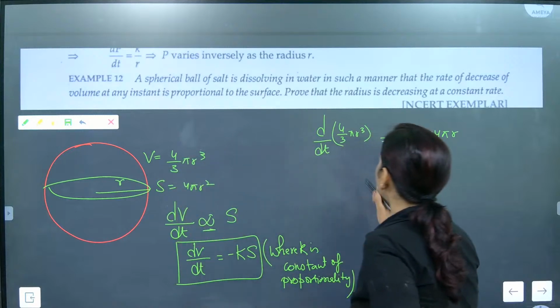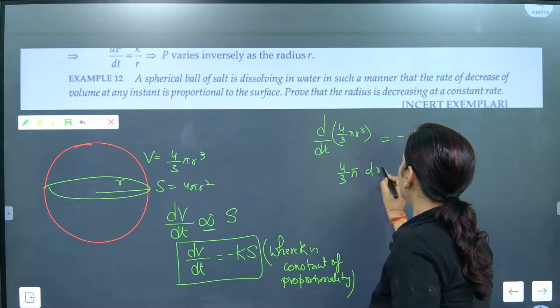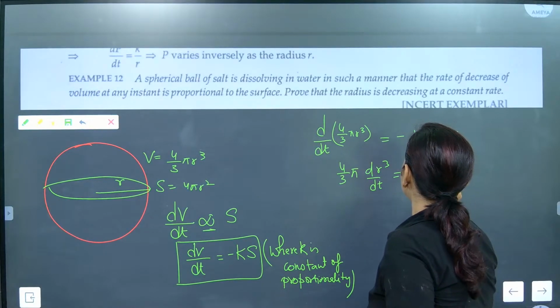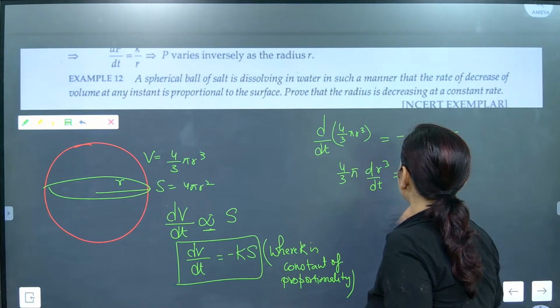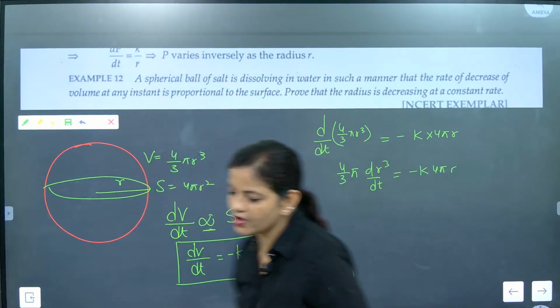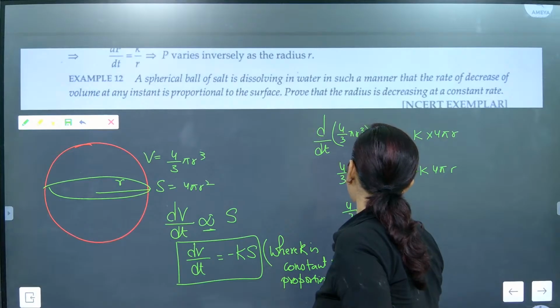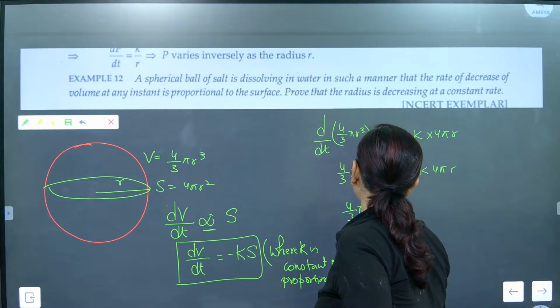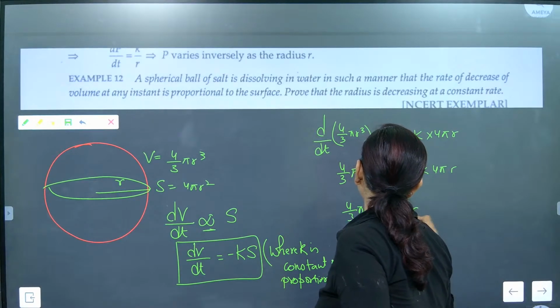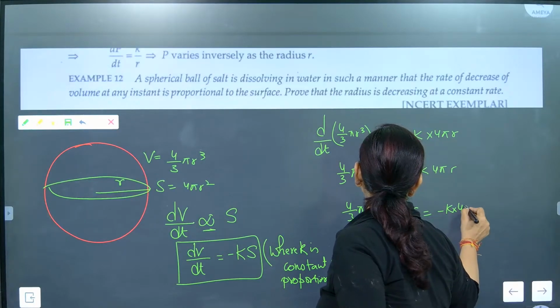Once we substituted the value, it is coming 4 by 3 pi d of r cube by dt is equal to minus k 4 pi r square. Understood? Now r cube will not be differentiated with respect to t. So 4 by 3 pi into d of r cube by dr into dr by dt is equal to minus k into 4 pi r square.